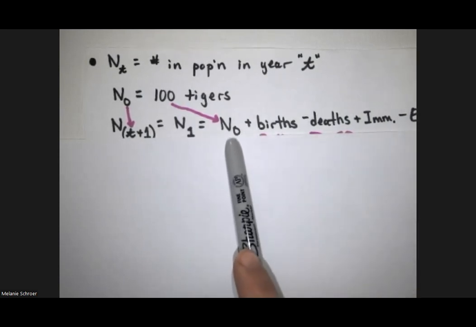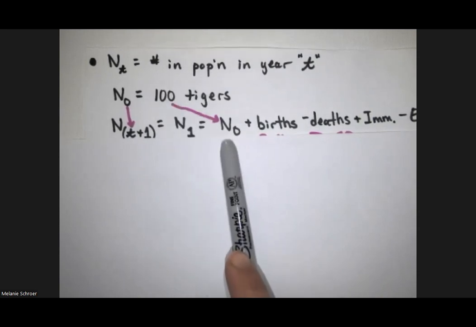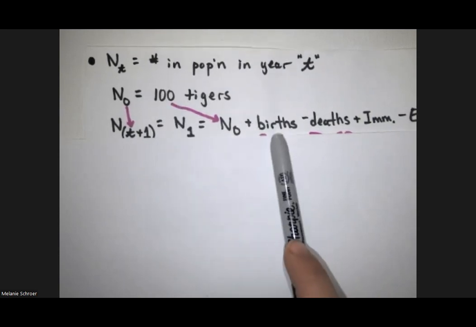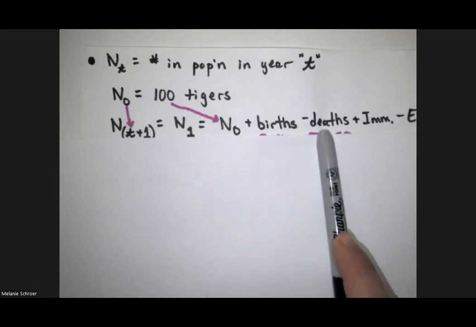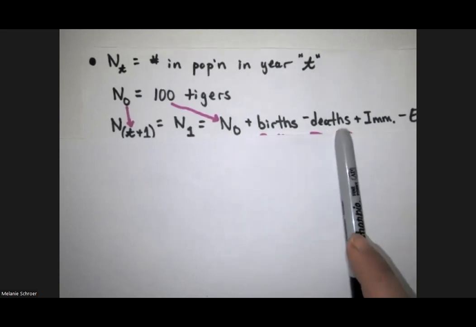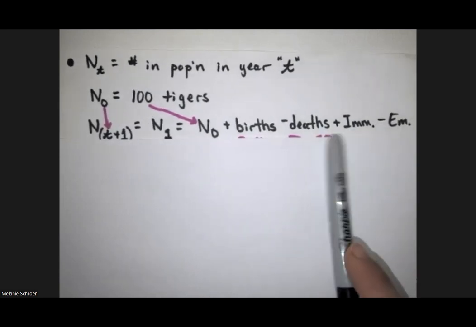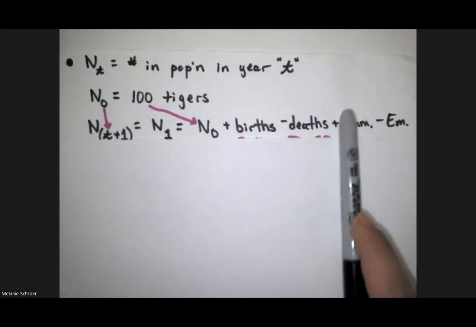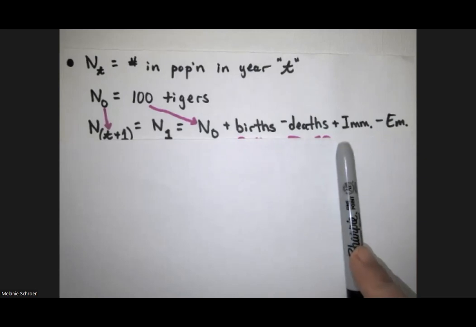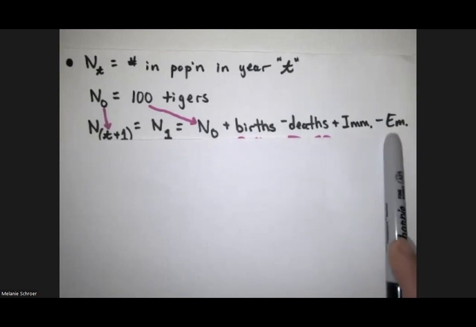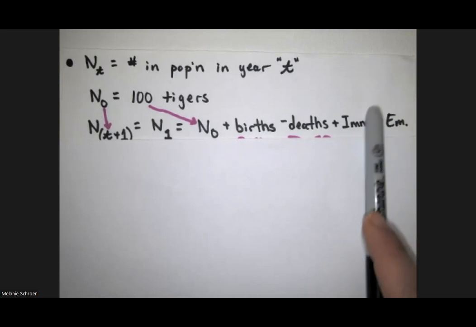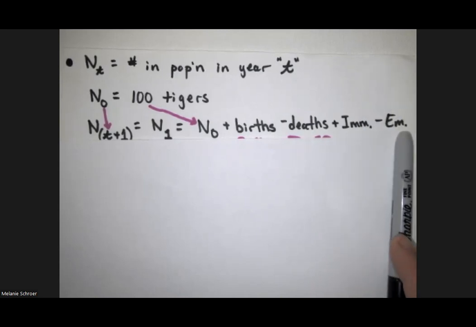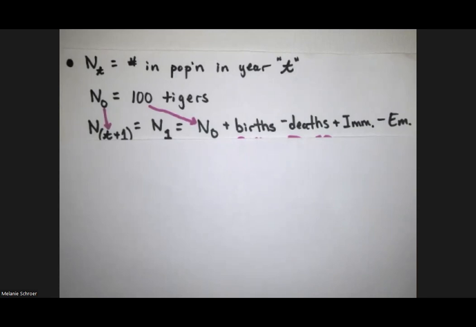Right, so what is the population in the starting year, N_0, plus how many tigers were born, minus how many tigers died, plus, of course, how many immigrated in, right? So this would probably be negligible because it's a preserve and it might be fenced off, and minus emigrants, so tigers that are leaving. And again, this is unlikely because of the fenced-in nature of the preserve.